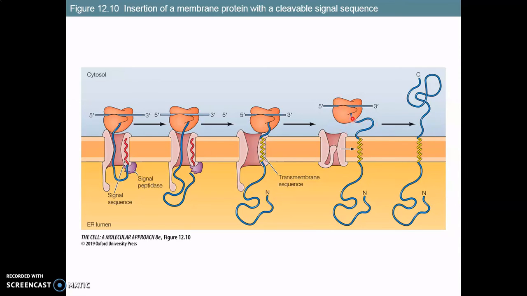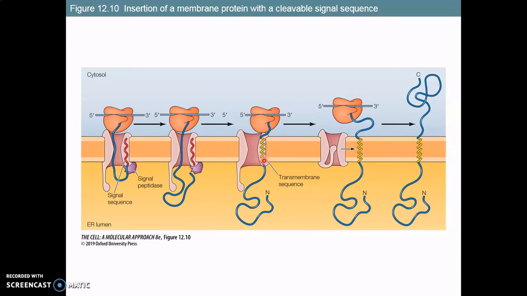We'll get dissociation of the ribosome from the translocon, and ultimately, when it's finished producing that protein, it will dissociate, and now we have a freshly inserted protein into the membrane. So this is how we deal with type 1 proteins. These have a leader sequence that is cleavable, and then there's another hydrophobic transmembrane sequence in the middle.